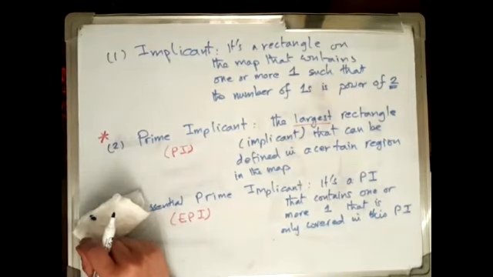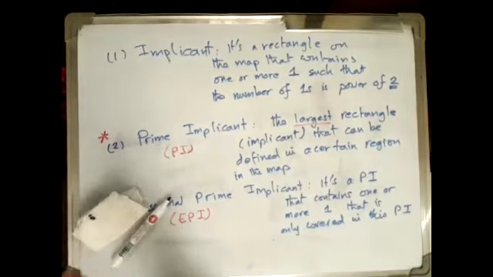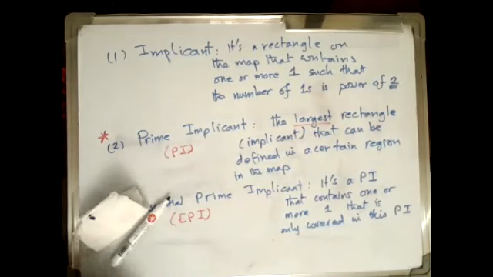In this case, this prime implicant is called essential, in the sense that you need to include it as part of your logic expression when you write the final simplified logic expression of the function.